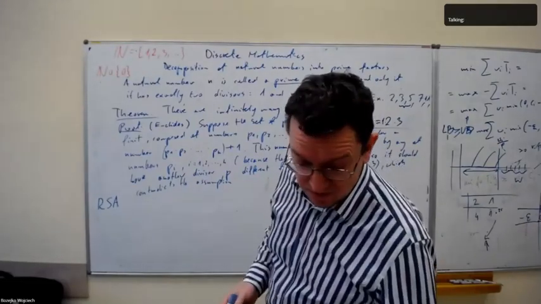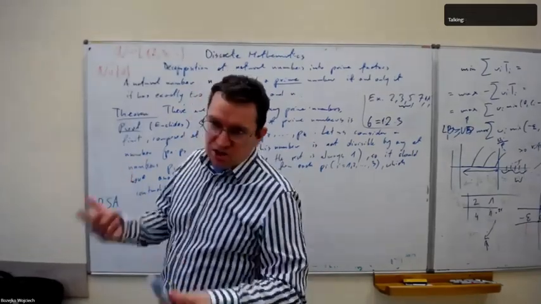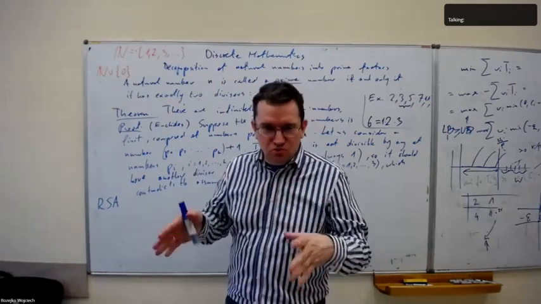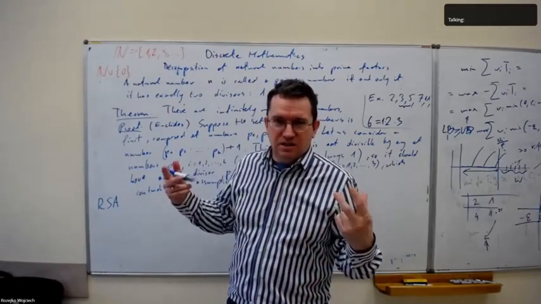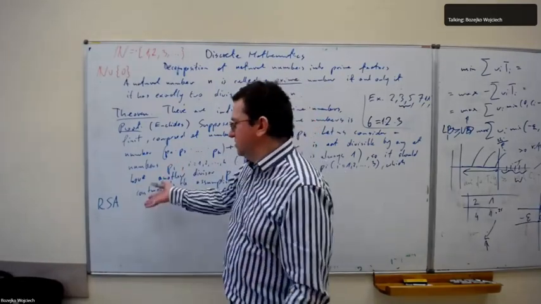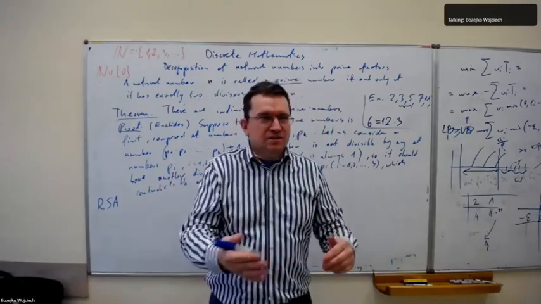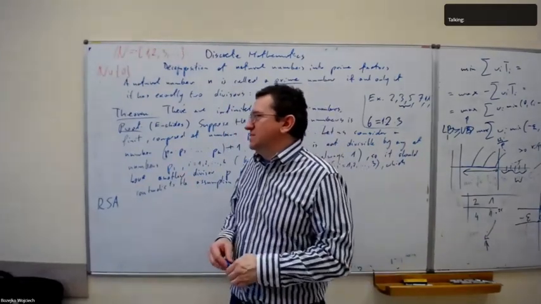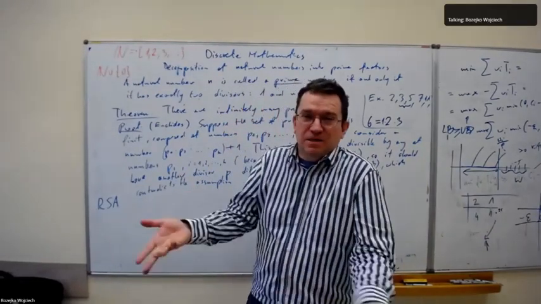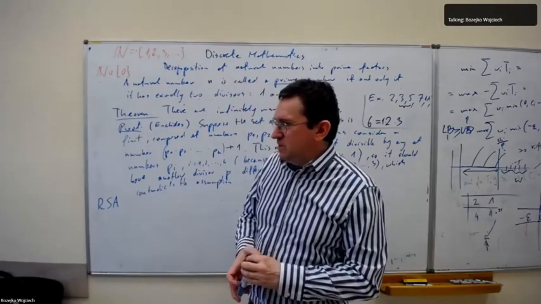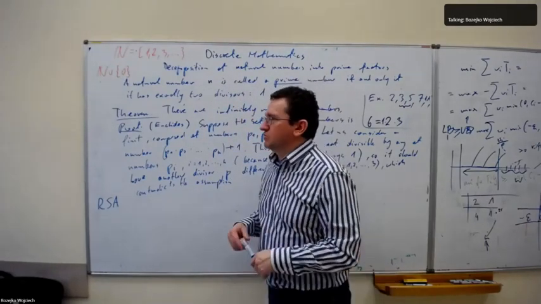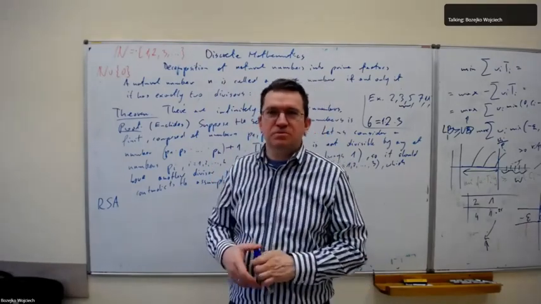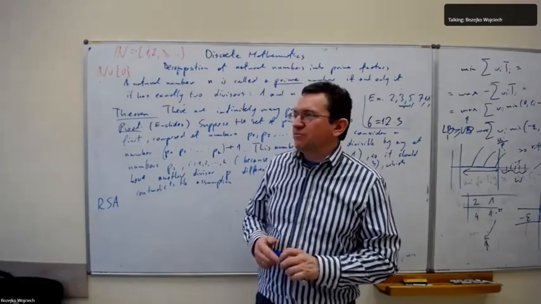This is an example in which an application of a mathematical theory appears after 2,500 years. It was invented in ancient Greece, and up to the 20th century the application was just a kind of mathematical play. But when computer security methods appeared, it was used after 2,500 years.